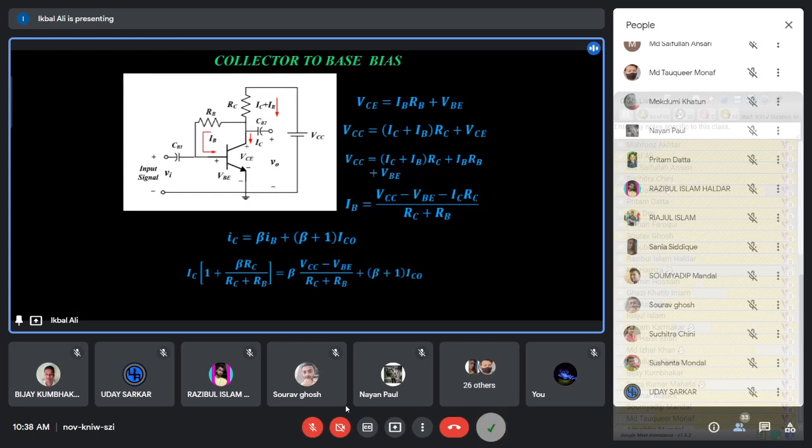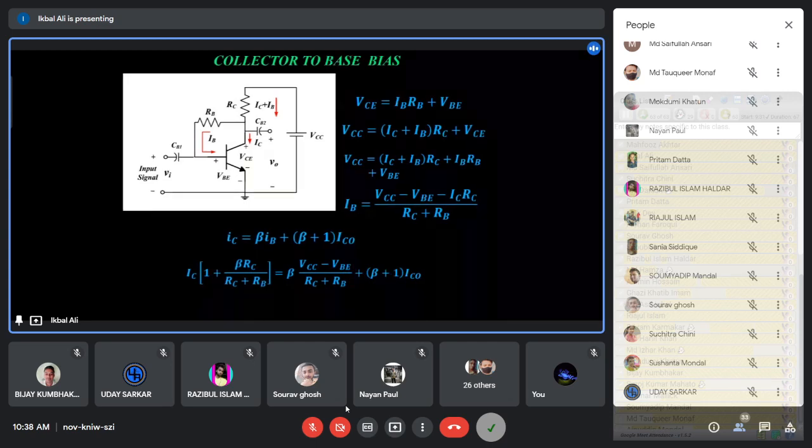It has an automatic control over the thermal runaway. If the collector current somehow changes or fluctuates, it will automatically reduce the collector current. So the collector current changes with respect to the temperature change. First, the temperature change will change the beta, VBE, ICO, and that will affect the collector current. It will fluctuate the collector current.